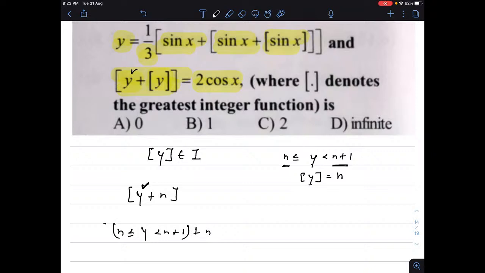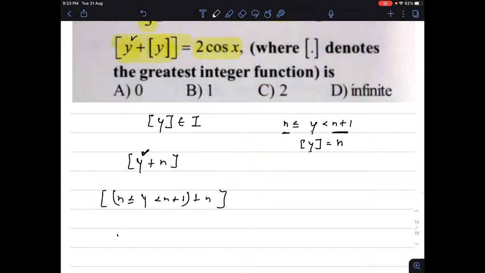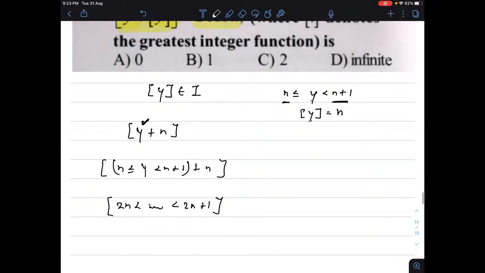So 2n is less than or equal to the expression, which is less than 2n plus 1, and its greatest integer function becomes 2n. That means the greatest integer function of y plus y's greatest integer function becomes 2 times the greatest integer function of y.